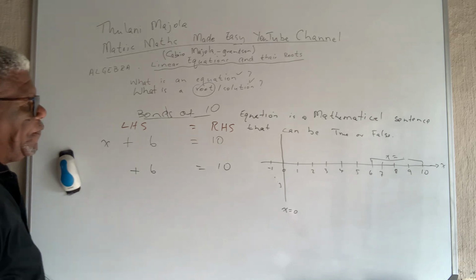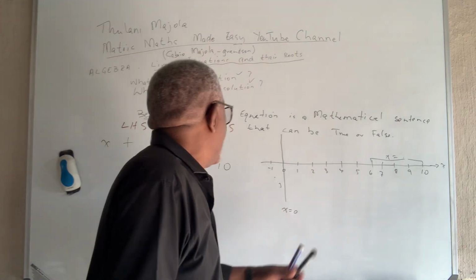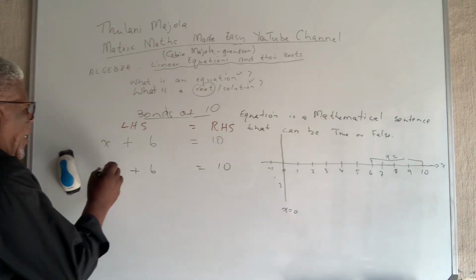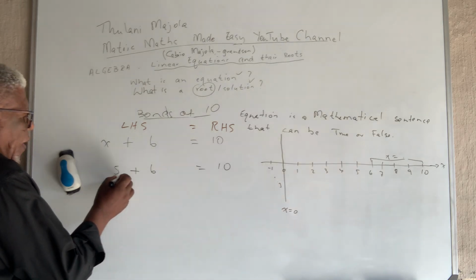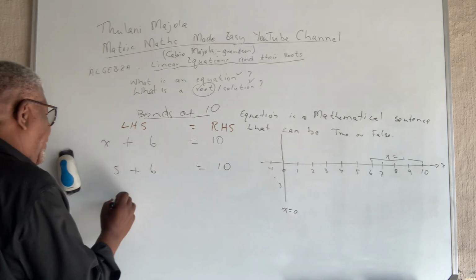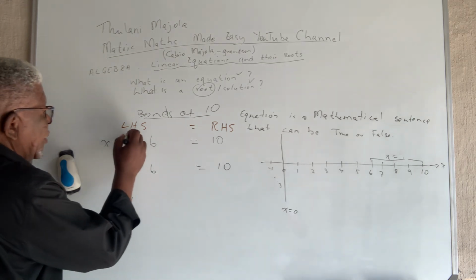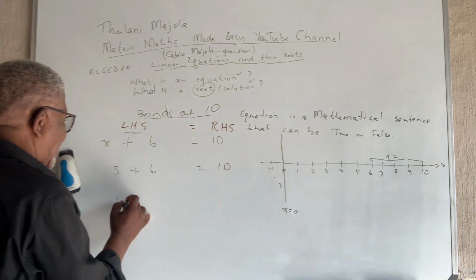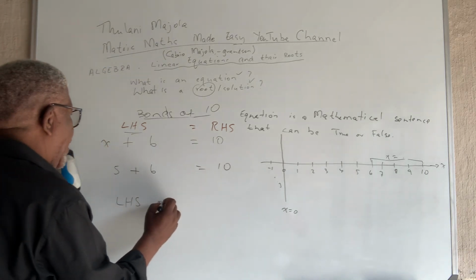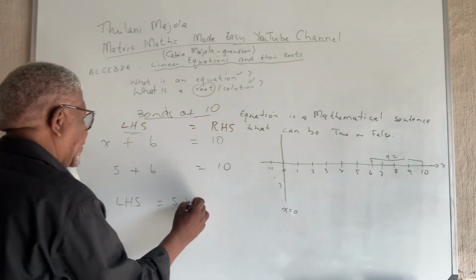Say now we don't say x equals 3. You say x equals 5. If x equals 5, then we have your left hand side, which is everything to the left of the equal sign. So the left hand side now equals 5 plus 6.